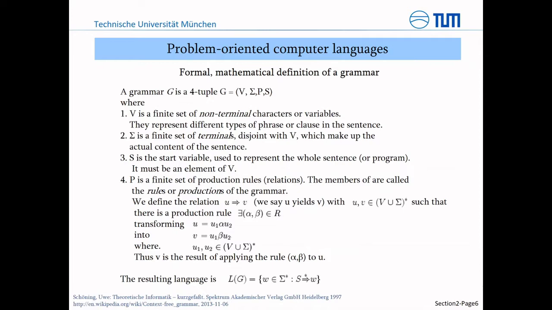Then a finite set of terminals, which are the alphabet signs or the combinations of alphabet signs. Then a start point or start variable, and a finite set of production rules, which are then the transitions from one point to the other. So which do a transforming in a way that we convert an existing part to another part.